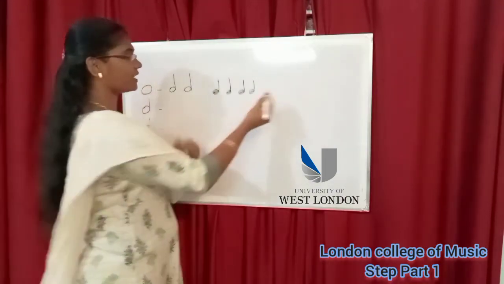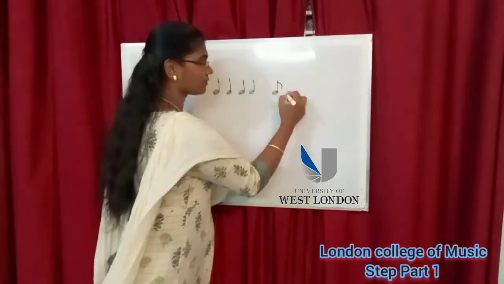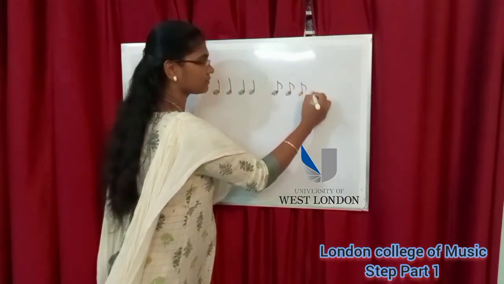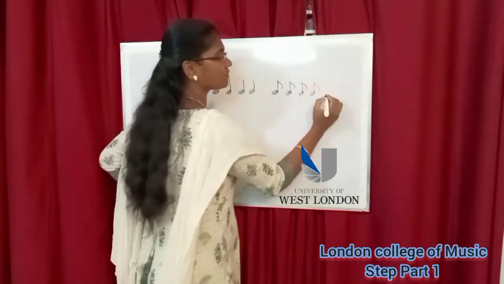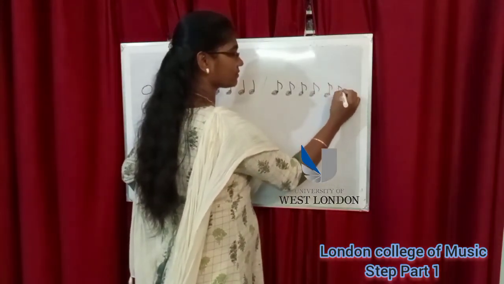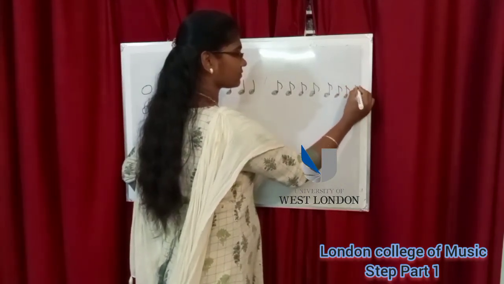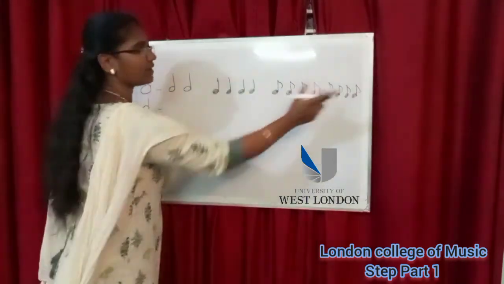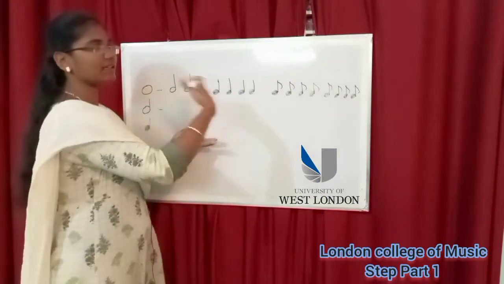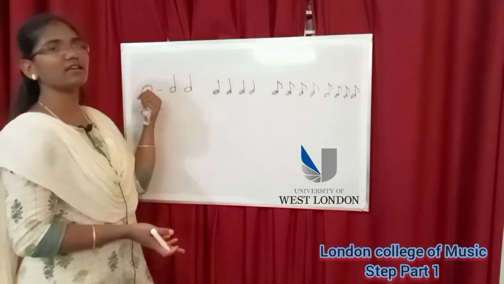So we can write 8 quavers. We can write the whole note using any one of these groups. These are all the different groups which form the whole note.